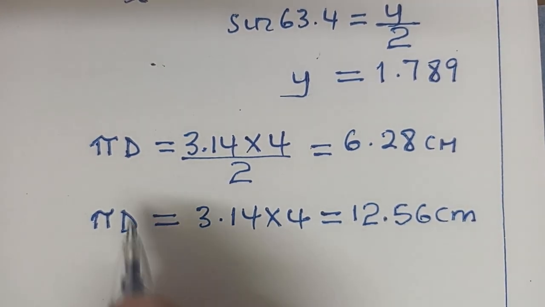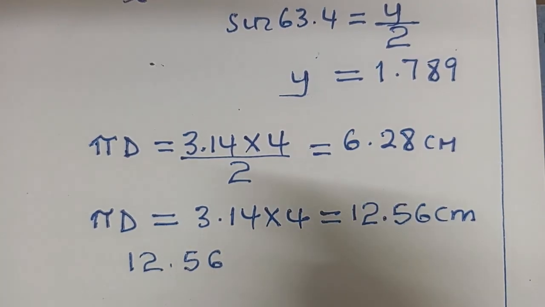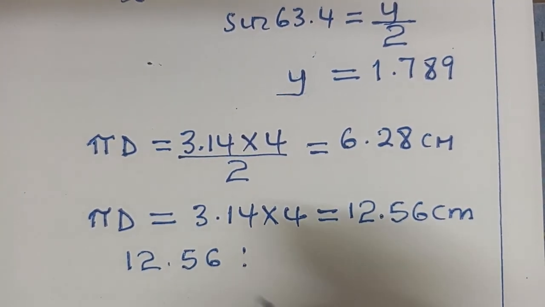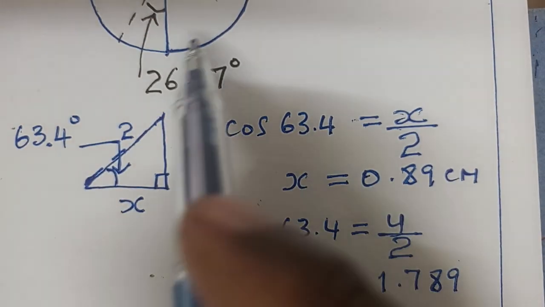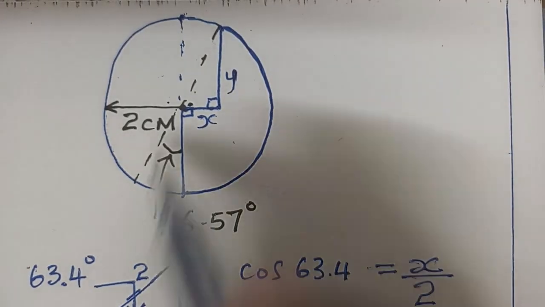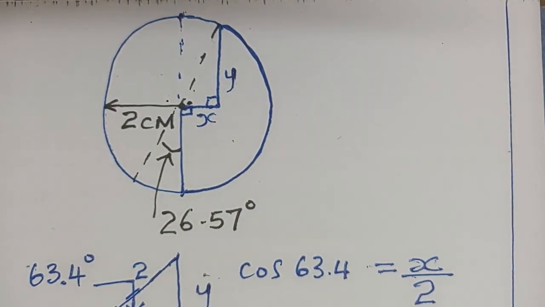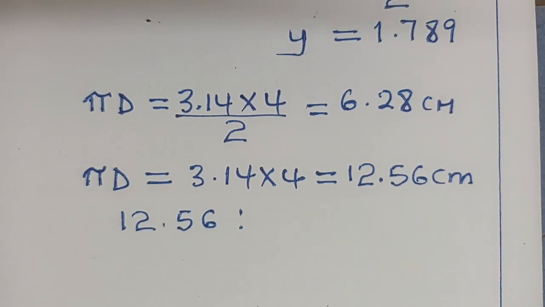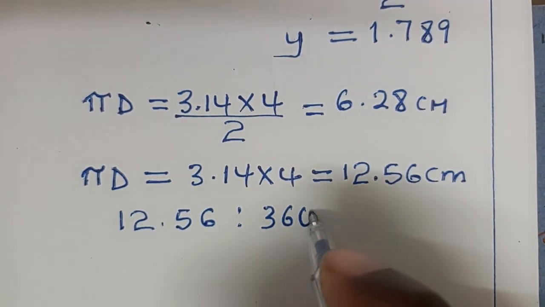For 12.56, guys, this is for the whole rotation. Guys, if we were to rotate around the whole of the circumference, which takes 360 degrees. That is, if you go round, that will be 360 degrees. And so guys, we put here 360 degrees.